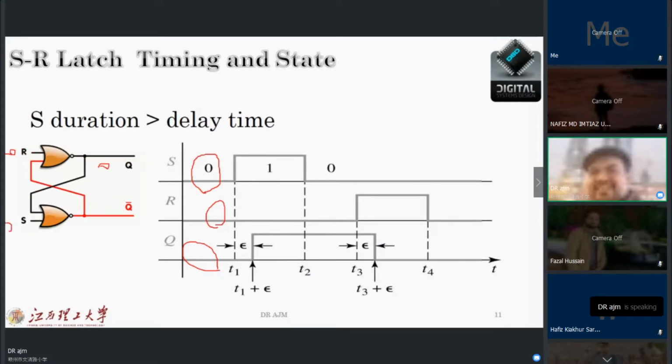If Q is 0, I can bring this 0 here. 0 and 0 NOR becomes 1.